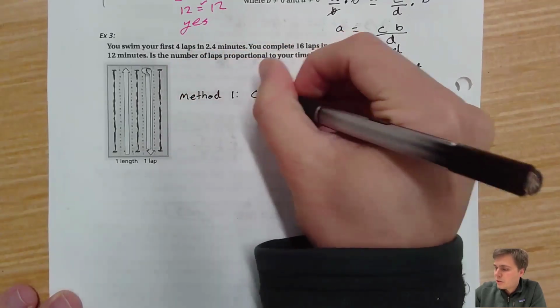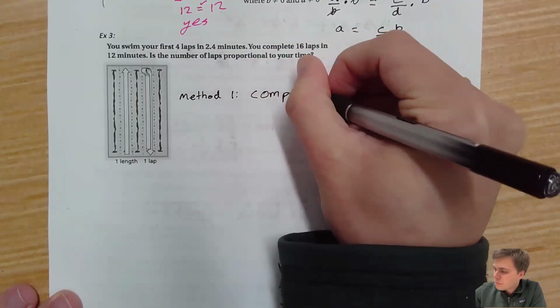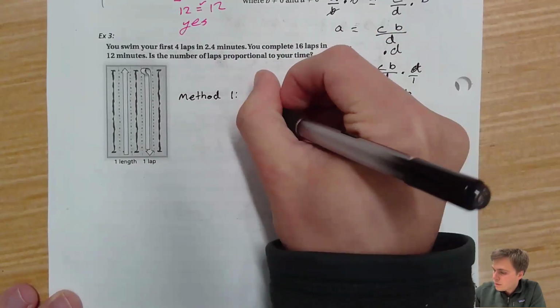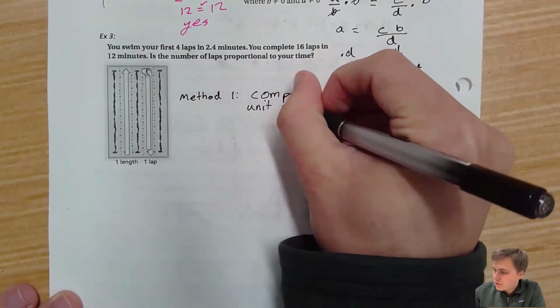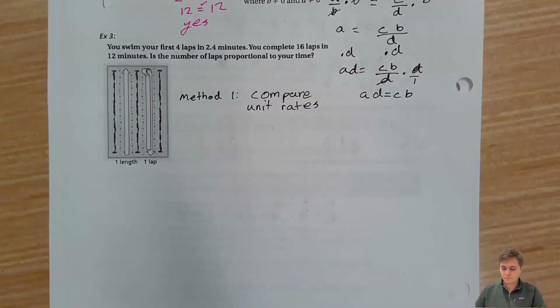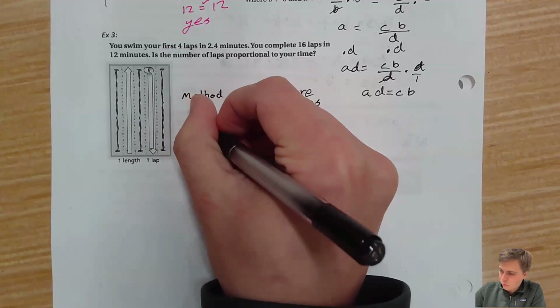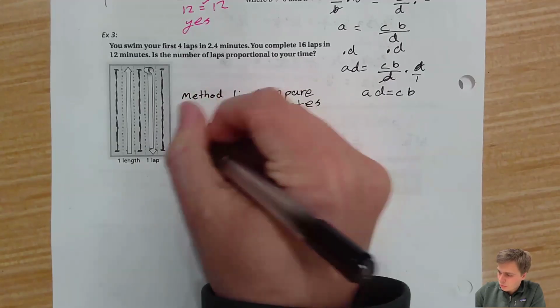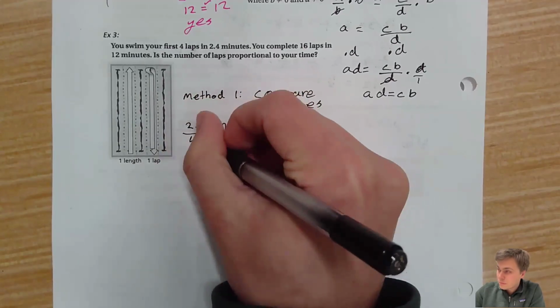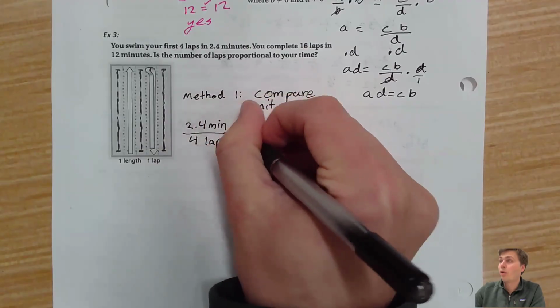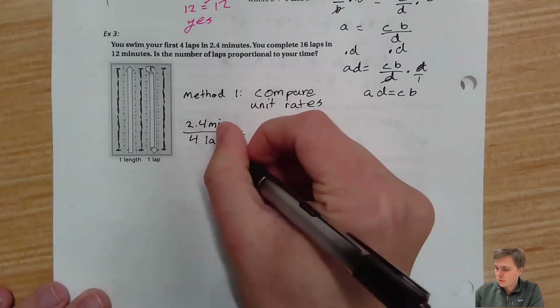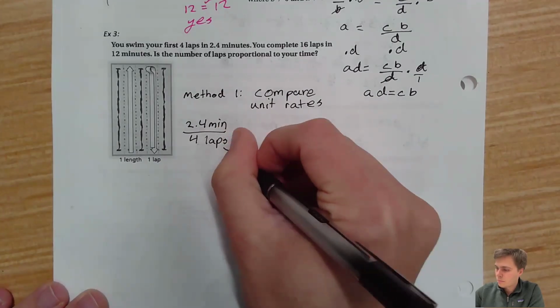Let's compare unit rates. So they gave us 2 rates here, and let's compare them. We know we have 2.4 minutes per 4 laps. Let's see how long that is per lap. Let's divide by 4.